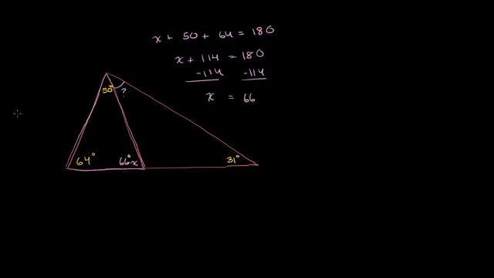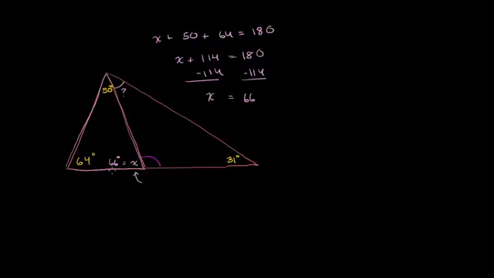Now, if x is 66 degrees, I think you might find that there's another angle that's not too hard to figure out. So let me write x is equal to 66 degrees. Well, if we know the measure of this angle right over here is 66 degrees, we know that that angle is supplementary with this angle right over here.